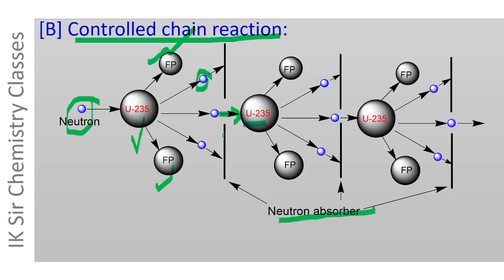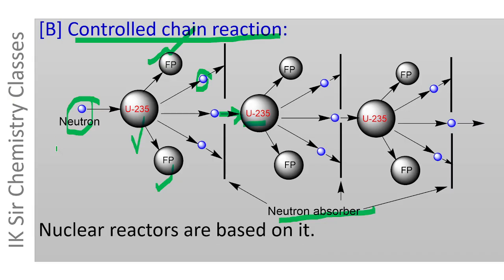That is, every time 1 nucleus of U-235 undergoes nuclear fission, and as a result, energy is released in a controlled way during controlled chain reaction of nuclear fission, and this energy can be transformed into useful form such as electrical energy, and therefore nuclear reactors are based on controlled chain reaction of nuclear fission.